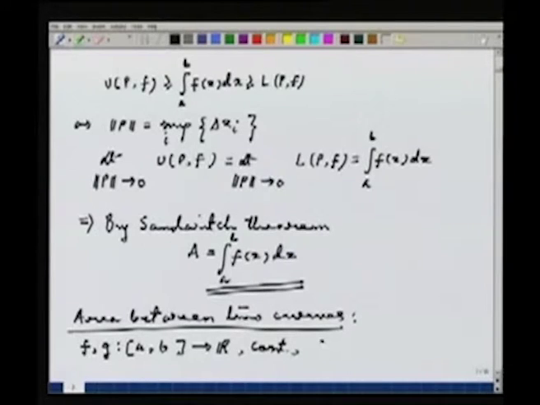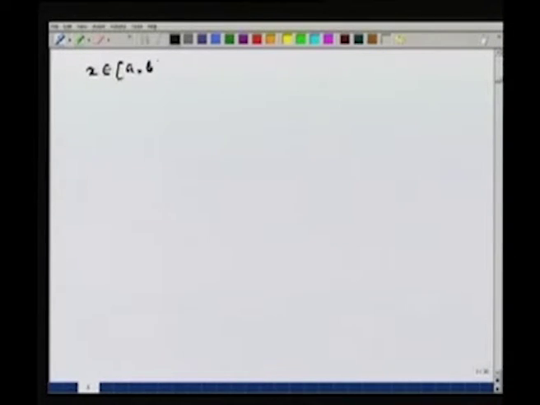Another given condition is f(x) is bigger than or equal to g(x) for all x in the closed interval [a, b]. Then the area between the curves, if I call it A, that is defined as integral a to b (f(x) minus g(x)) dx.